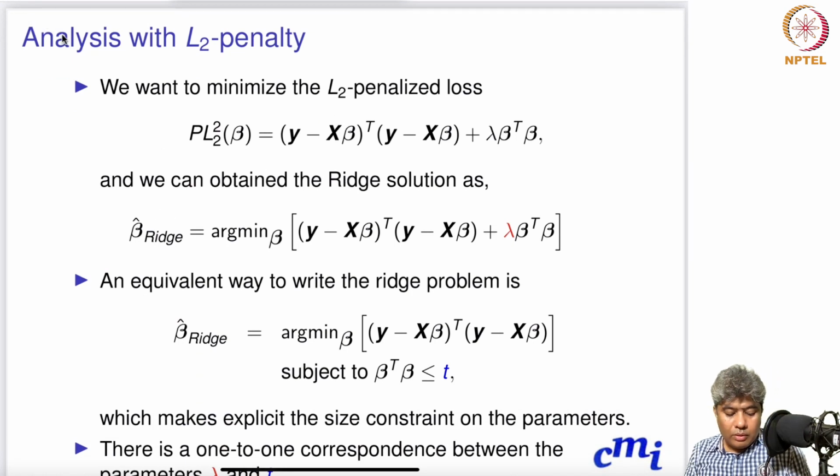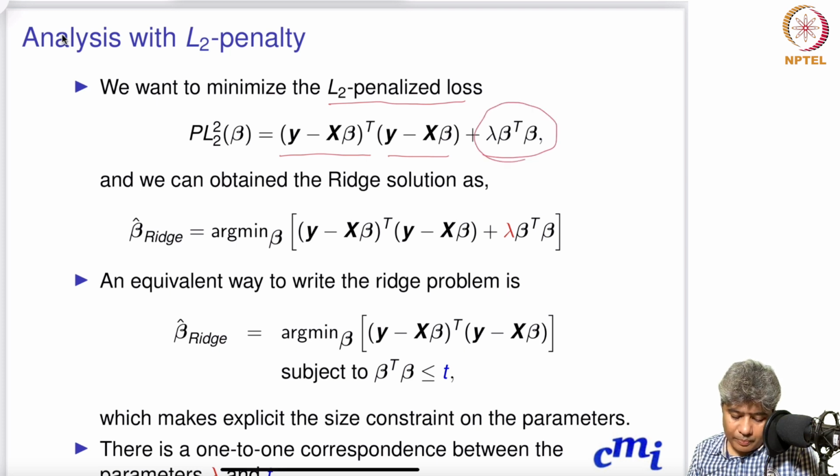So the analysis with L2 penalty is, we want to minimize this L2 penalized loss, essentially (y minus x beta) transpose (y minus x beta) plus lambda beta transpose beta.